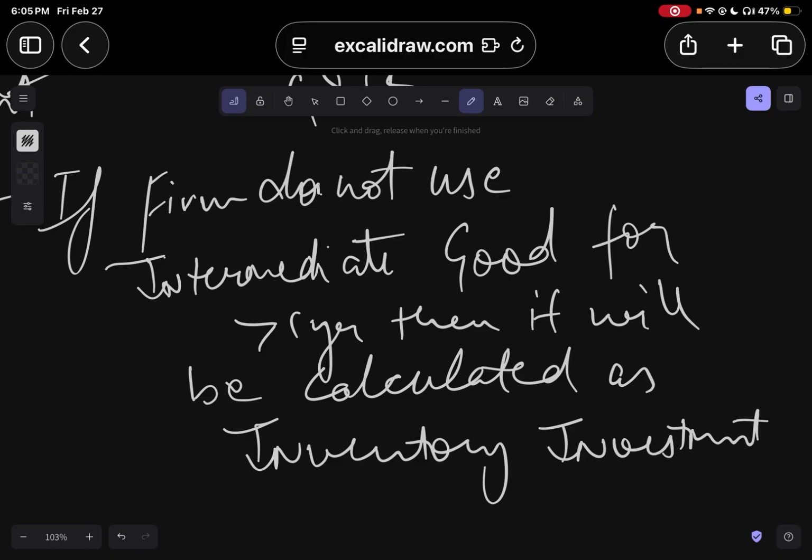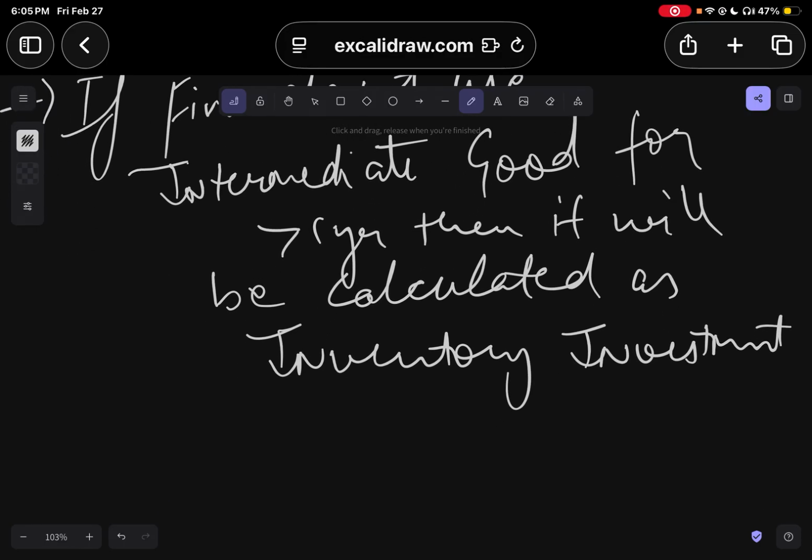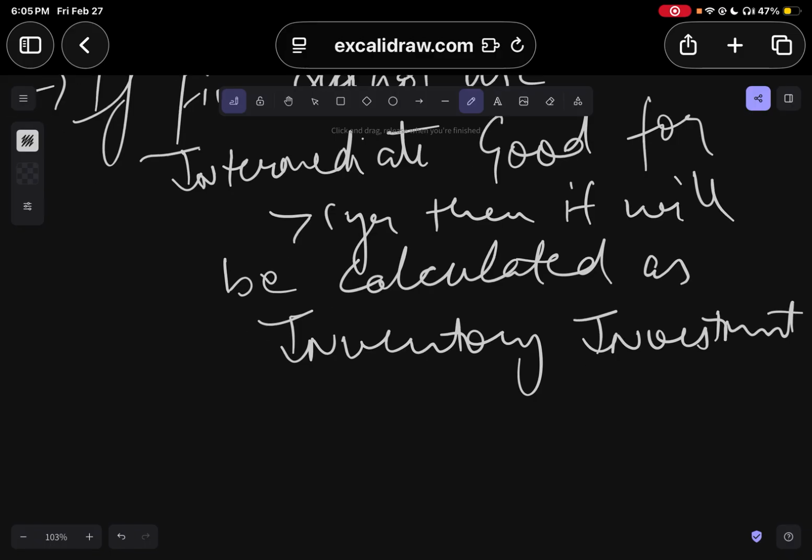Intermediate goods get exhausted in 1 year and are completely used and can't be retrieved. This is contrary to capital goods, which can be used for a lot more years.